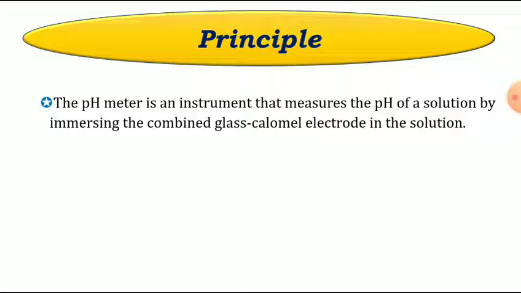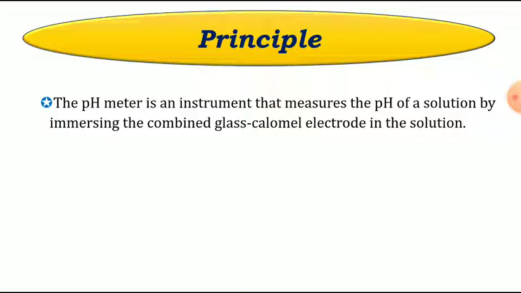The acidity and alkalinity of any solution depends upon the concentration of hydrogen ions, that means H+ ions, and hydroxyl ions, that is OH- ions respectively, right? A neutral solution will have pH 7, just like water, right?